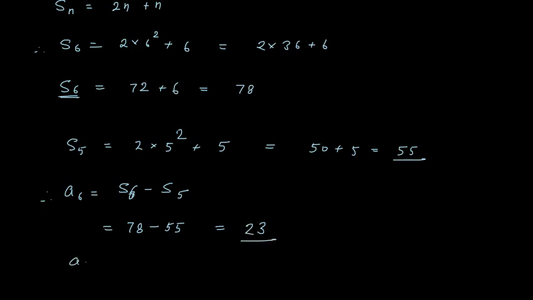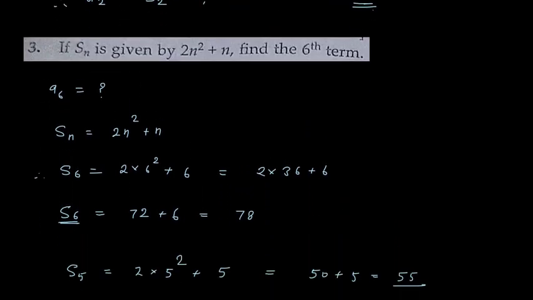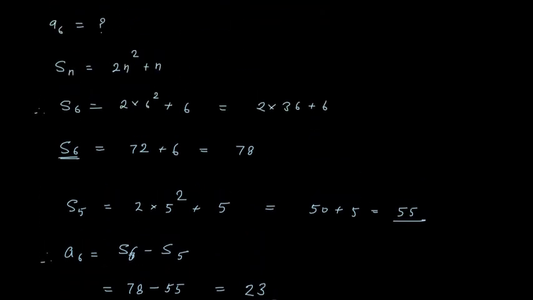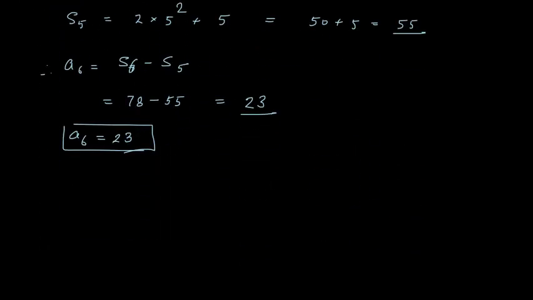So a6 is 23. If Sn is given by 2n square plus n, we have to find the sixth term. So the sixth term is 23. Right? Simple.